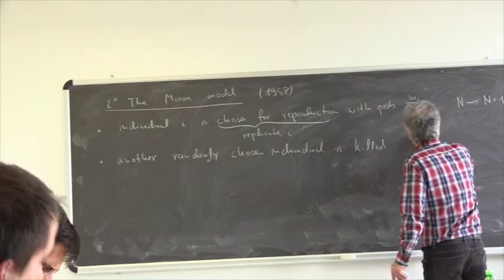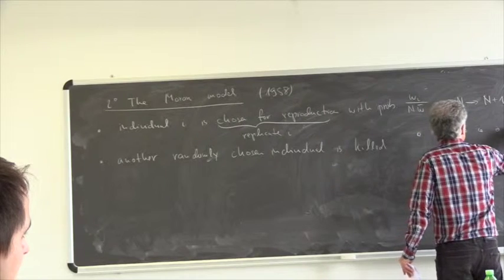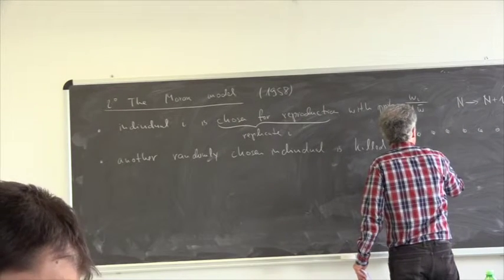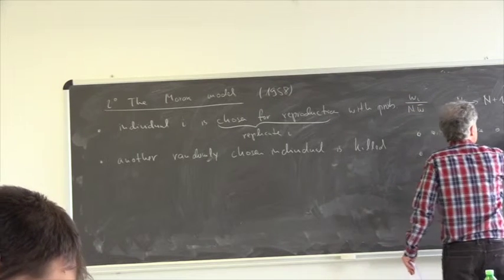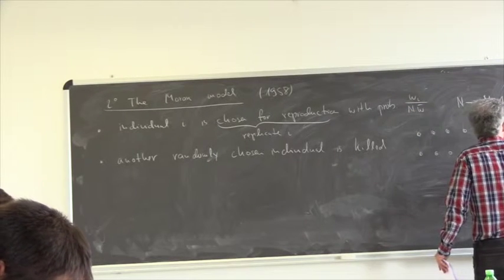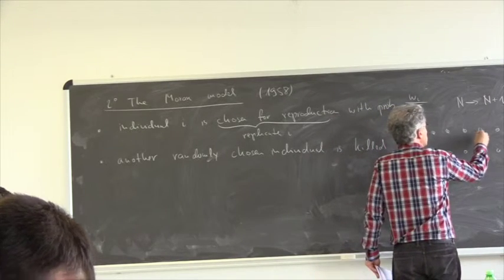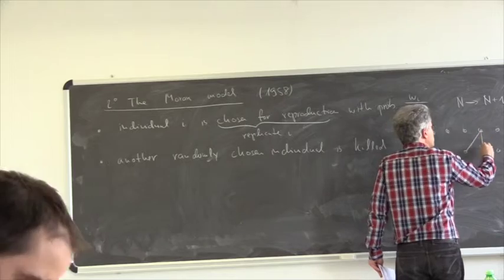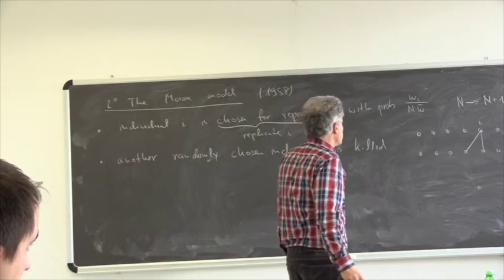So if we draw this little picture again, then I go from t to t plus 1. Then, for example, I decide to reproduce this individual here, and then somebody else has to die. Right?